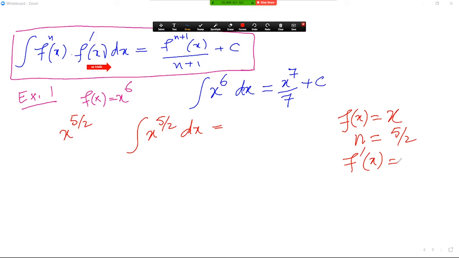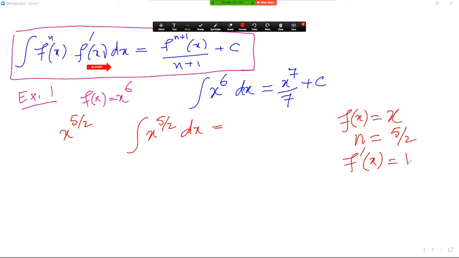That is the first derivative of f(x). Look at here, we had f(x) equal to x. So what would be f bar x? The derivative of f would be 1. Very nice.